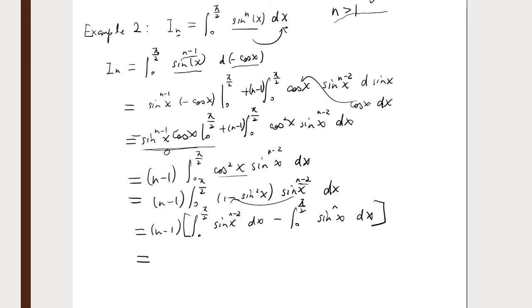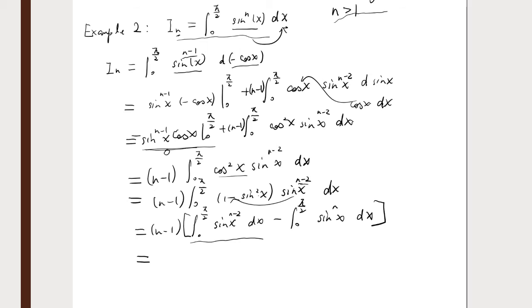Okay, so here we don't want to go further to use the integration by parts because we have already noticed something very interesting. So look at this part. Does it look similar to this one, but with the n replaced as n minus 2?